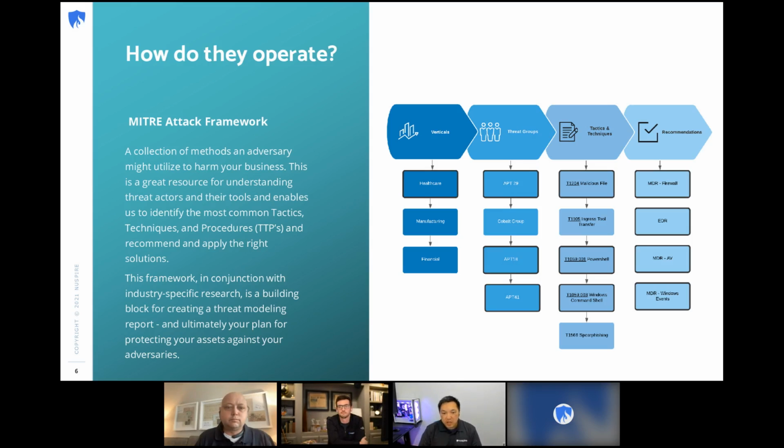For example, on this slide, in healthcare, APT29 targets healthcare. Here are the techniques they use, and at the end of the investigation, here are the recommendations we would make to improve your defense posture against a group like APT29 if you're in the healthcare industry.